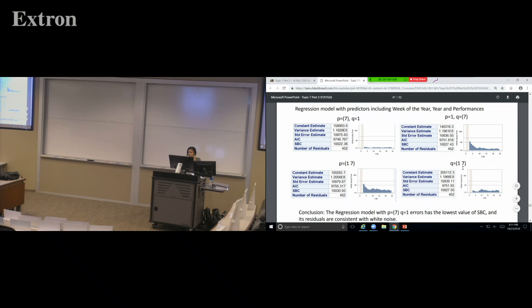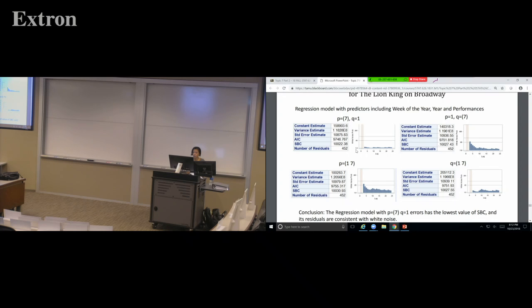Seasonal with Q equal to 1 and 7 also appears to have residuals that are white noise. But if you look at the SBCs and similarly, I think even the AICs, comparing these 2 models, the P of 7, seasonal 7 and Q equal to 1 has the lowest value for SBC and AIC out of those that have valid residuals. Okay.